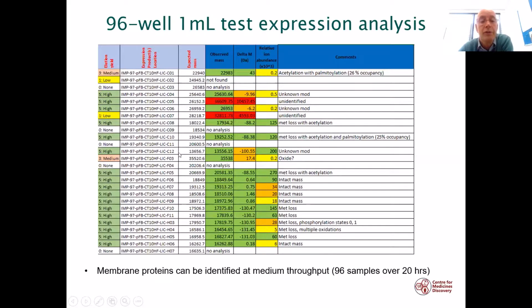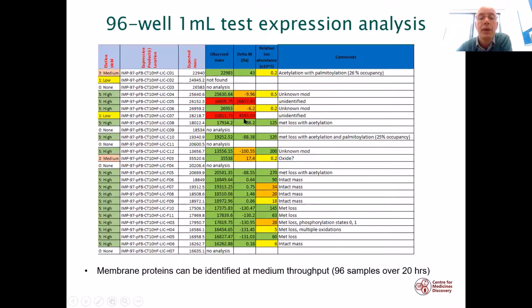For this range of constructs, we have an expected mass from the sequence. We can use intact mass to observe the mass, and then we compare the expected mass to the observed mass, and we have this delta mass here. These delta masses are either going to be small or they're going to be a modification that we would expect.